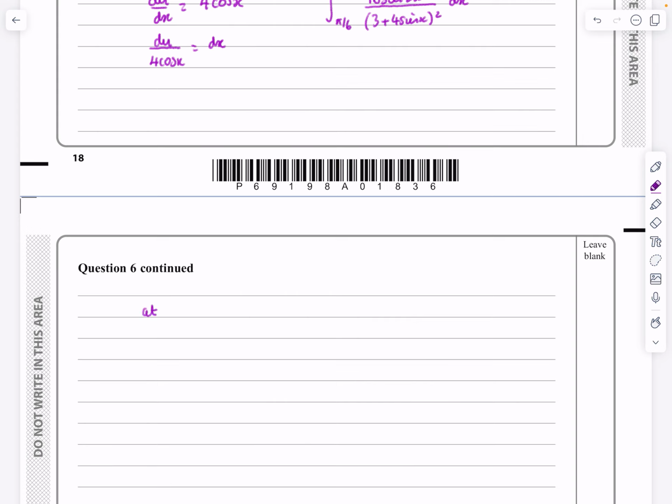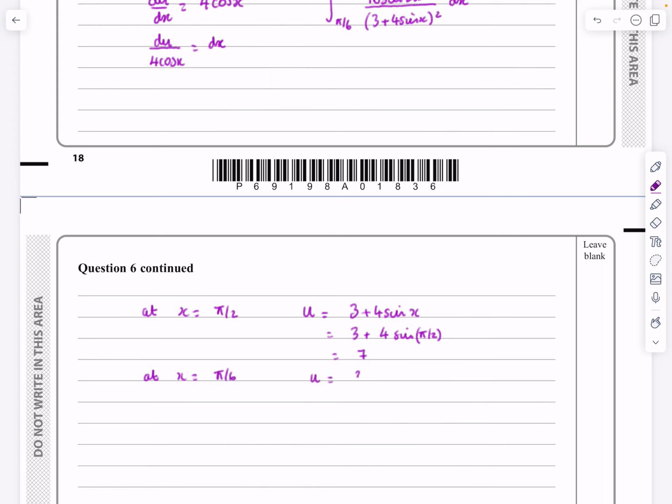So at x equal to pi over 2, u, remember, is the substitution 3 plus 4 sine x. So it's 3 plus 4 sine pi over 2, and sine pi over 2 is 1, so 3 plus 4 gives me 7. Let's do the other limit at x equals pi over 6.